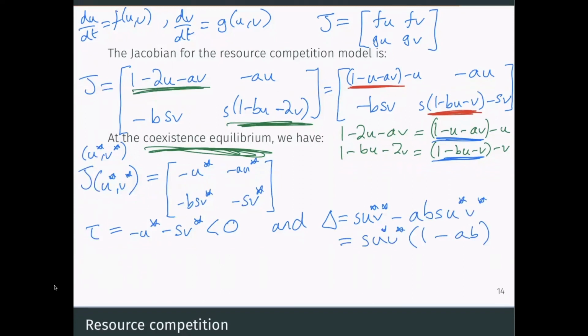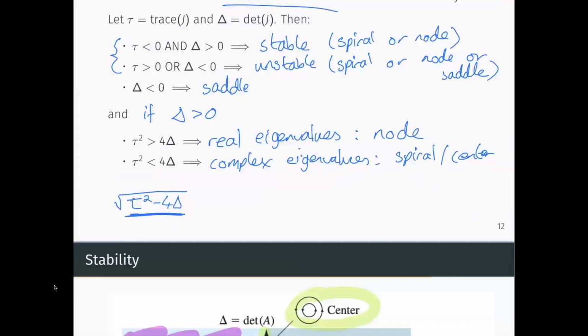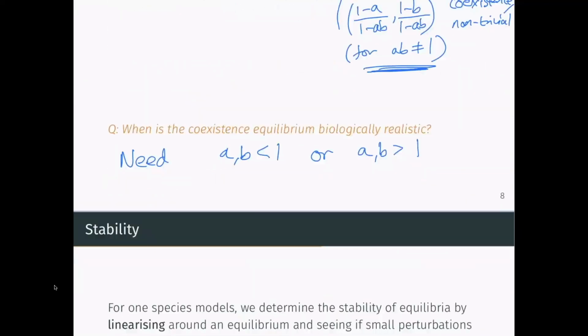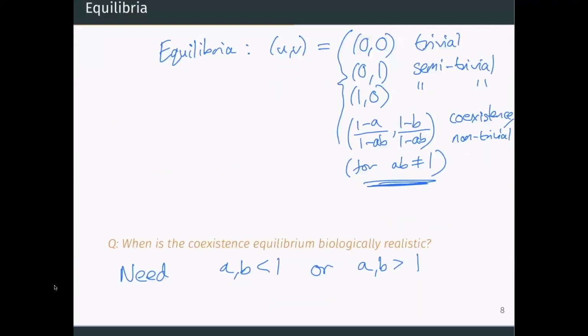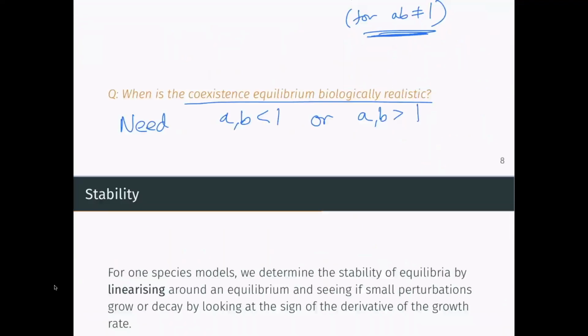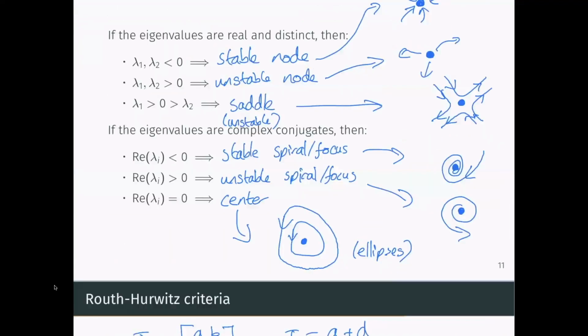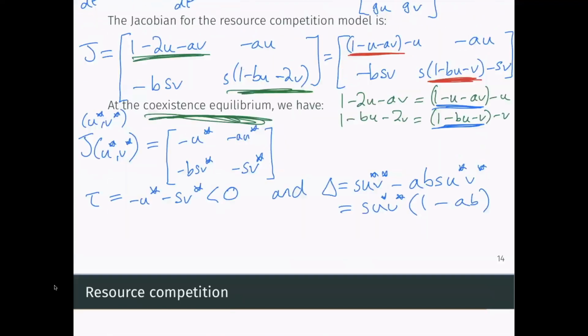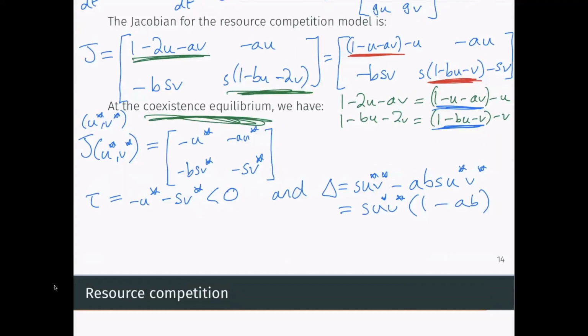Now, if we go back up a little bit to when we talked about our coexistence equilibrium. For this coexistence equilibrium to be biologically realistic, we need either AB to be less than 1 or AB to be greater than 1. So let's think about how this relates to these two scenarios here. We need to look at the sign of our determinant.